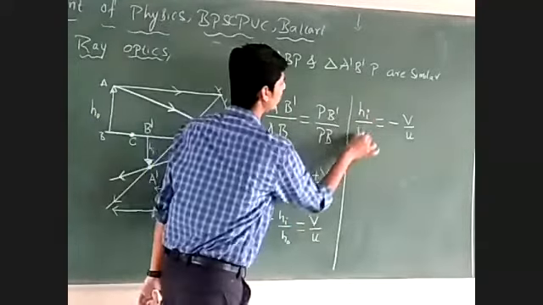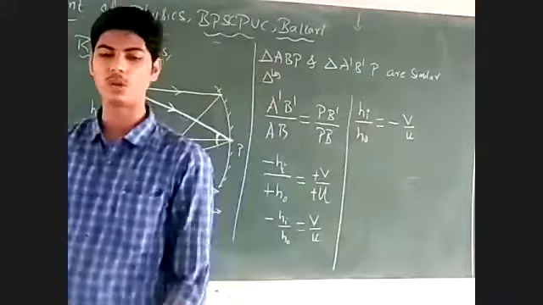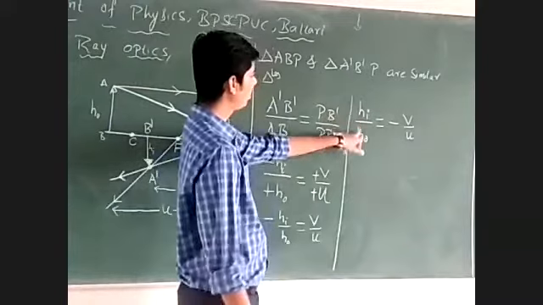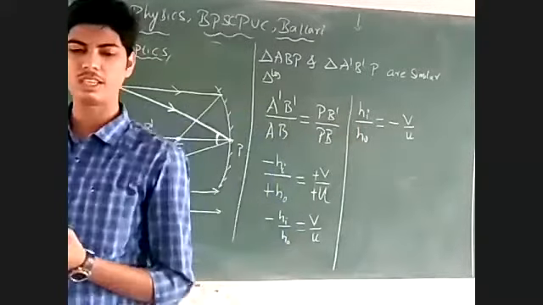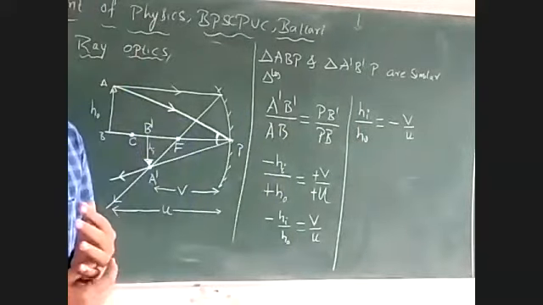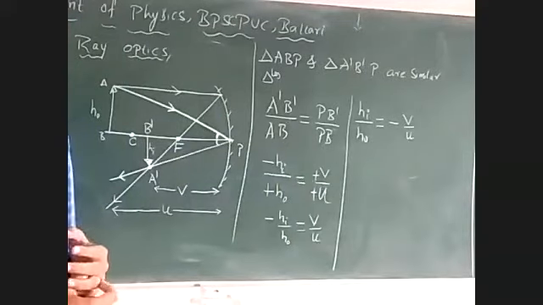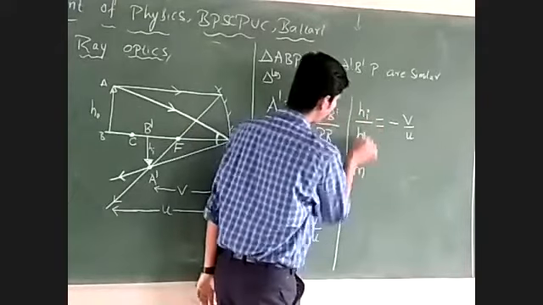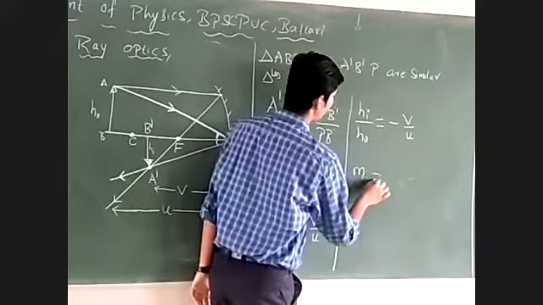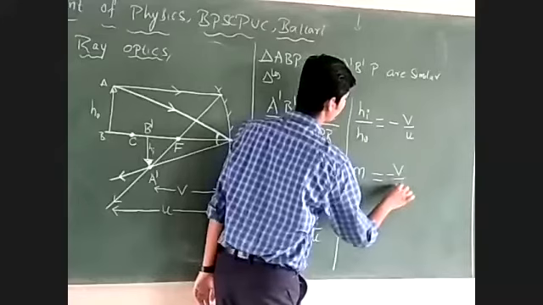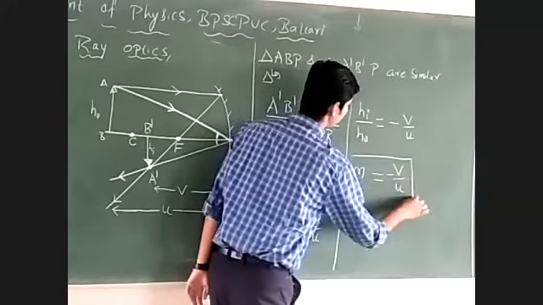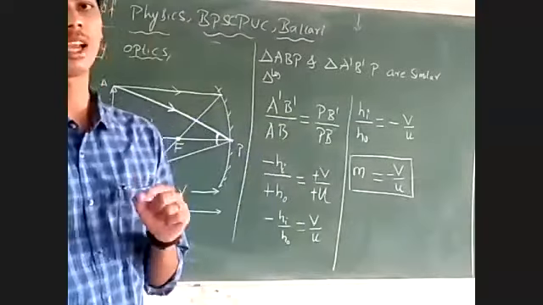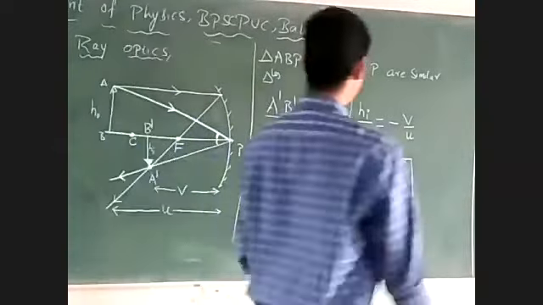Can you tell me what is HI by HO? Height of image to height of object. What is this ratio called? The ratio of height of image to the height of object is called magnification. So I can write HI by HO as M, that is equal to minus V by U. This is the magnification equation in terms of image and object distances.